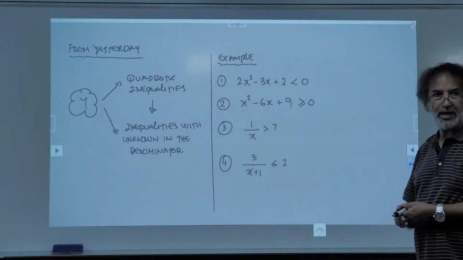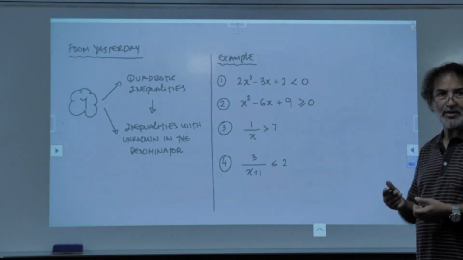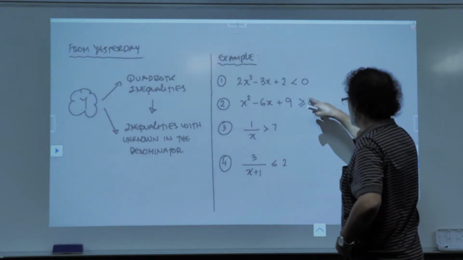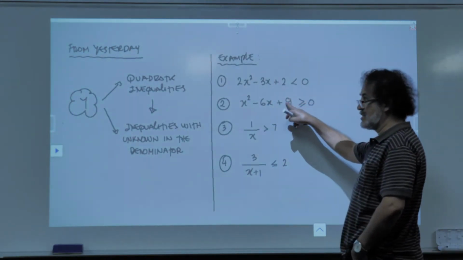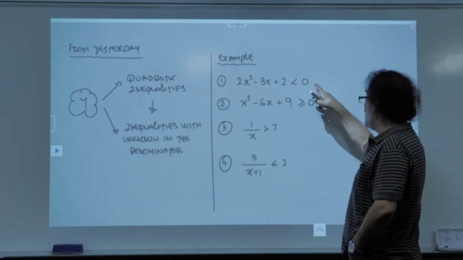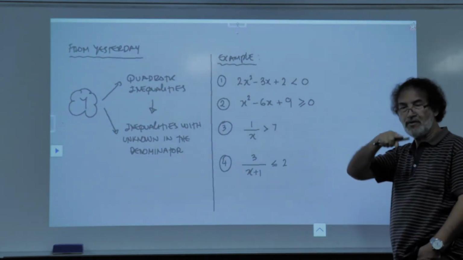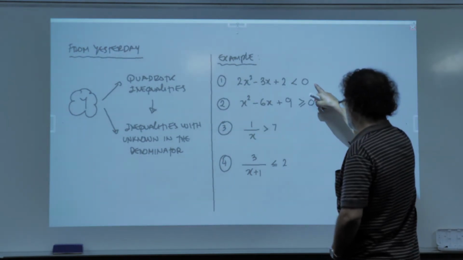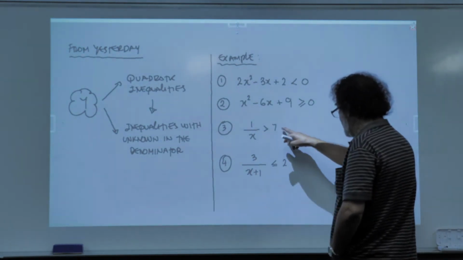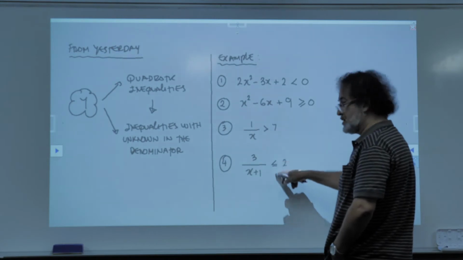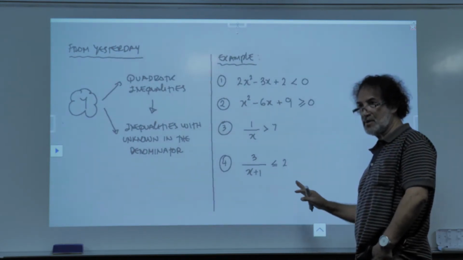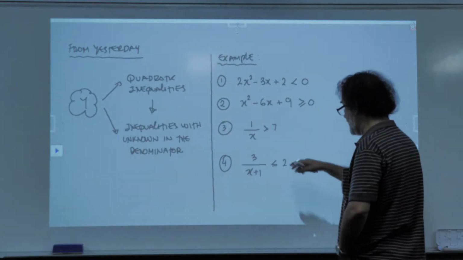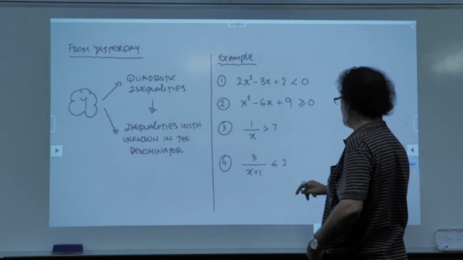That is the sort of thing that we did yesterday. And I said to you that when you do these things, we can use a graph to find the solution. I showed you how to do that yesterday. And then we went into this sort of thing. Do you remember?